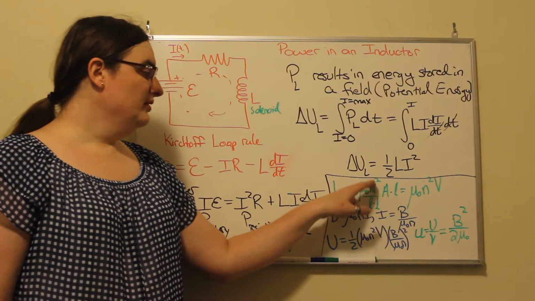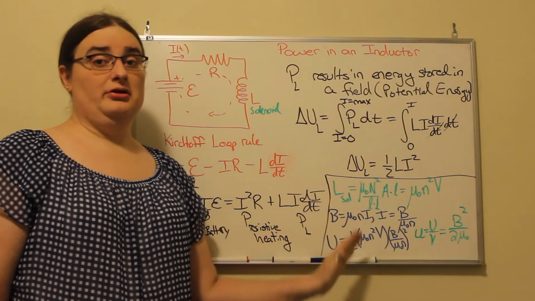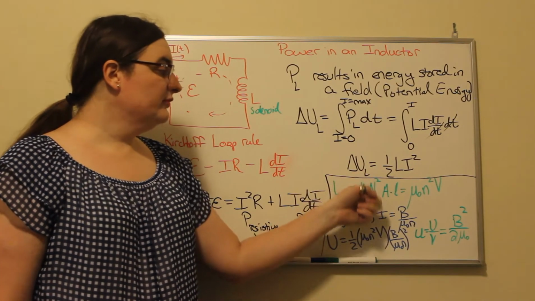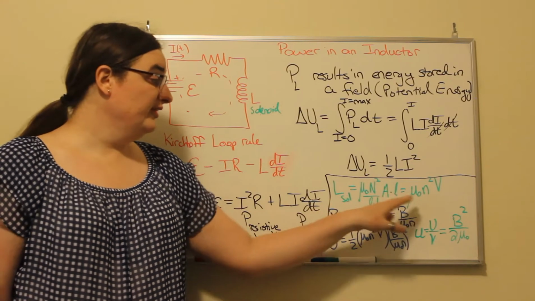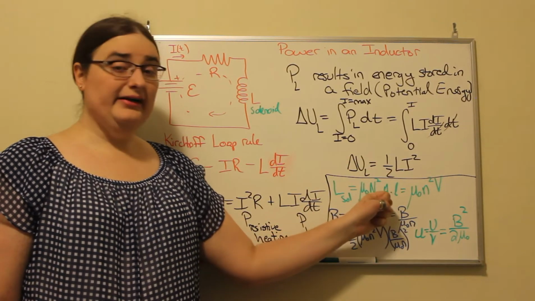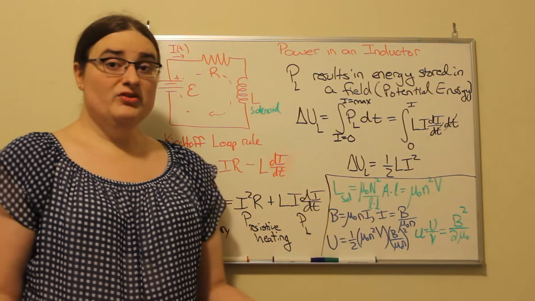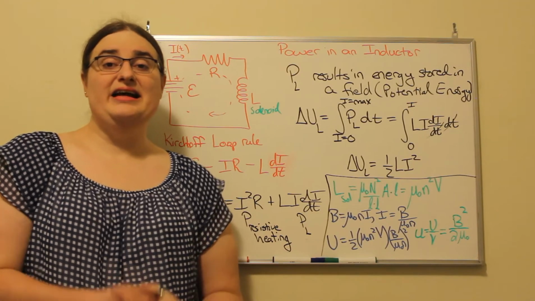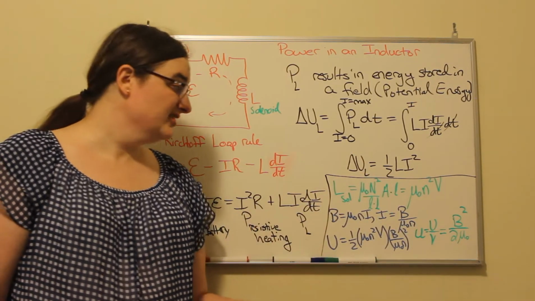That would give me the number of turns divided by the length squared as a quantity. And the number of turns per length we use typically with magnetic fields and solenoids as a little n, the number of turns per length. And the area of the solenoid times the length of the solenoid is going to be the volume contained inside that solenoid, the volume in which our magnetic field exists.